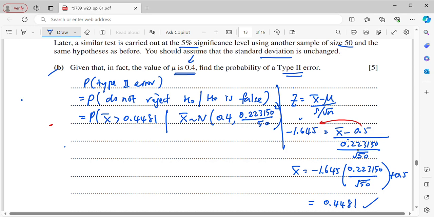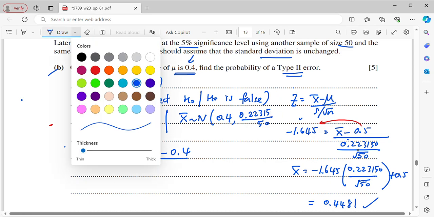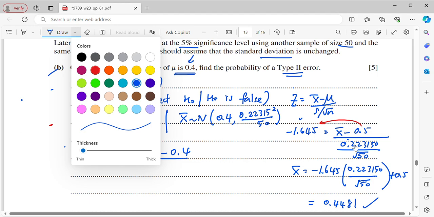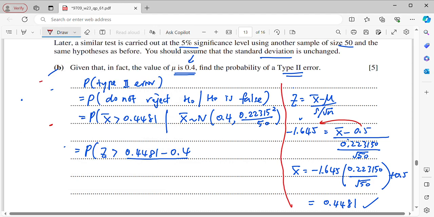Right, so then from here I will get P of Z more than, so you standardize it, 0.4481 minus 0.4 over, now remember this is variance, this is standard deviation, so I square it to make it variance. Okay, so here is going to be 0.223150 over square root of 50.